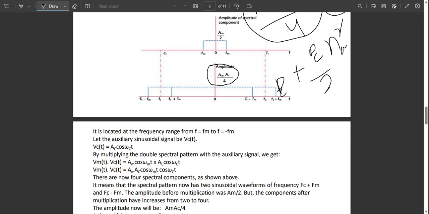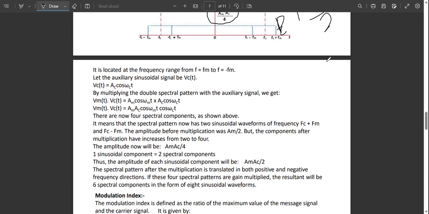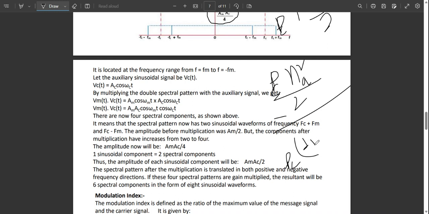Now what is the total efficiency? It is P of sideband by P of total. P of sideband equals Pc ma square by 2, divided by Pc into (1 plus ma square by 2).